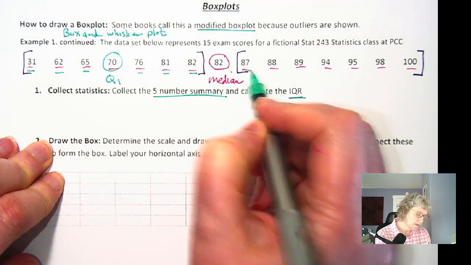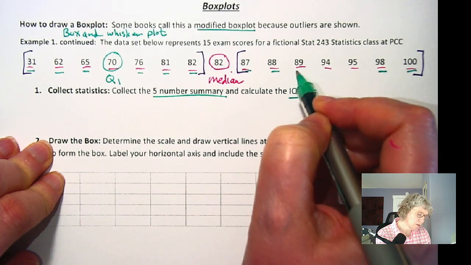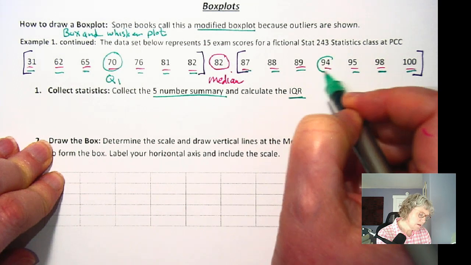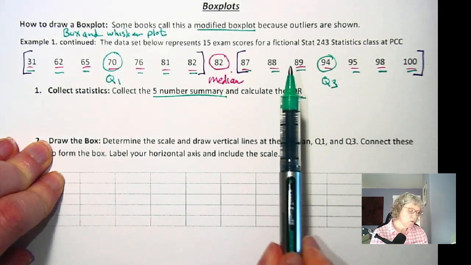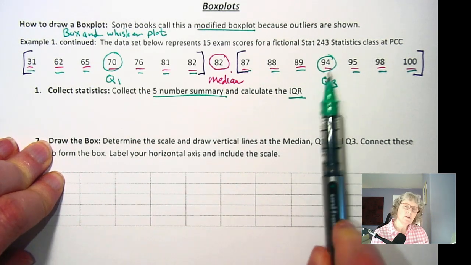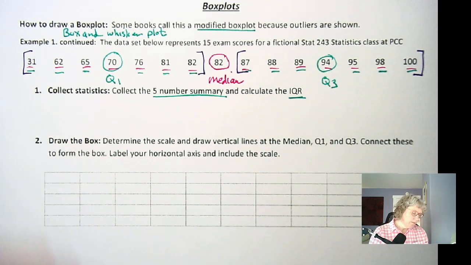So 87 and 100, 88, 98, working my way inward, 89, 95. That gives us a third quartile of 94. So that means a quarter of the students scored between 82 and 94, and another quarter between 94 and 100. Okay, so let's write out our 5-number summary.